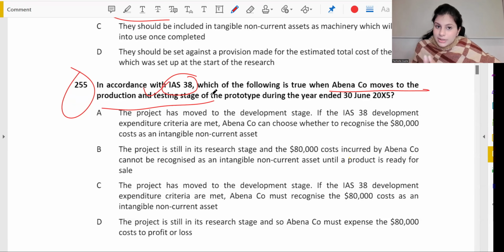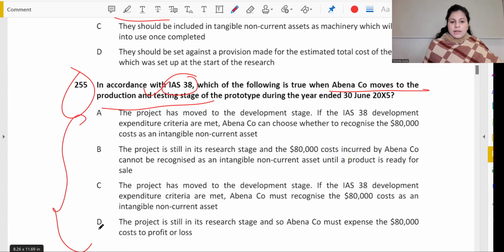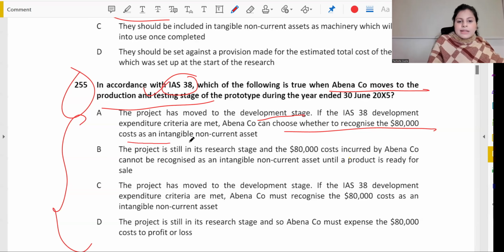That means my research was successful, so I found the way out. So I am going to start my capitalization. Yes, I need to start capitalization. So which one of these do you think is the answer? Here they are saying it has moved to the development stage. If development criteria are met, can choose to recognize the 80,000 cost as an intangible non-current asset.